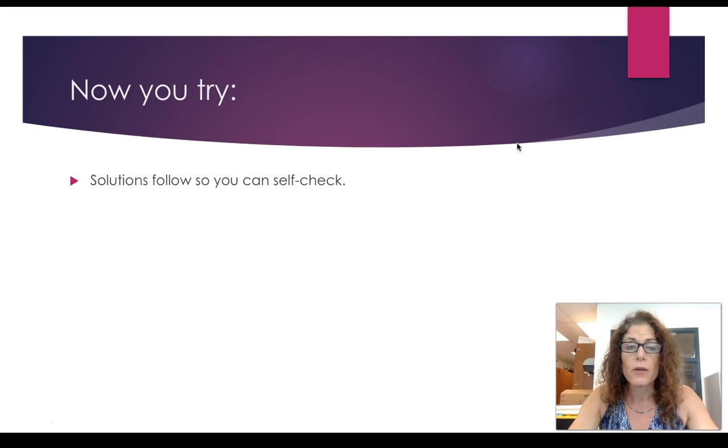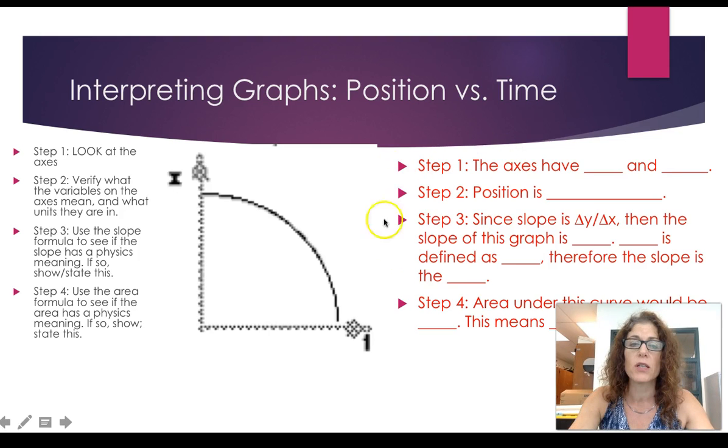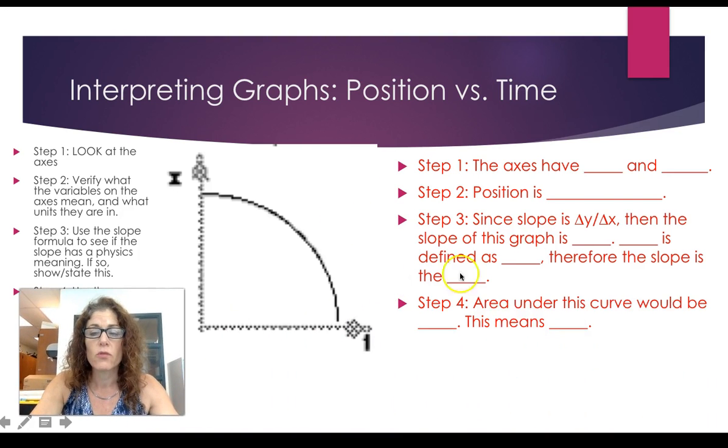So what follow are a bunch of, like 3 more questions, one with a position time graph, one velocity time, one acceleration time, and the solutions follow. So here's the graph, and you can fill in the blanks if you like in your notes, and you can pause it, and I'm going to then show the answer, and then I'll show the next slide with the interpretation.